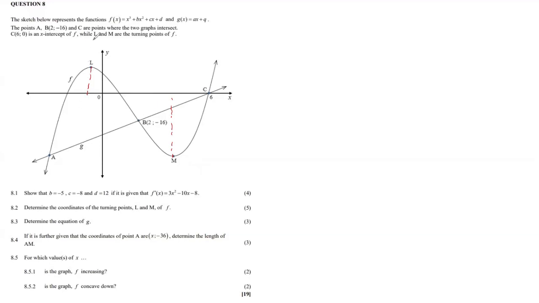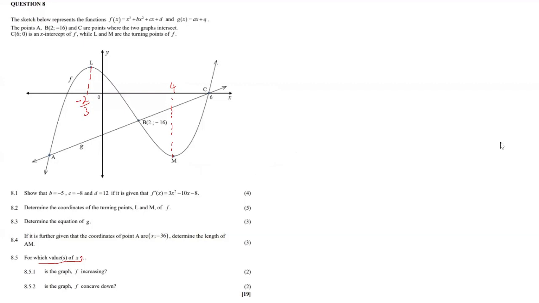So remember, our x coordinates, because we'll be determining the values of x. We are only concerned about the x coordinate. The x coordinate for L was negative 2 over 3, but the x coordinate for M was positive 4. Now we want to find out where the graph of f is increasing, right?